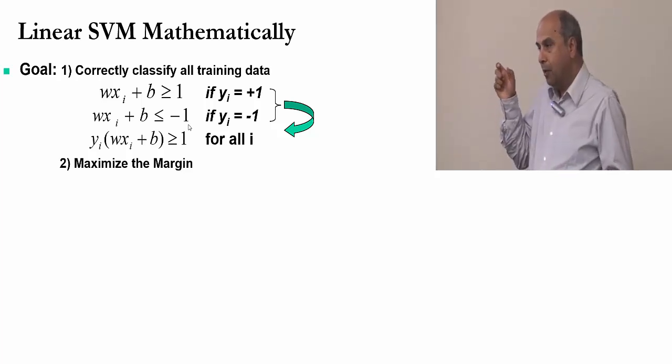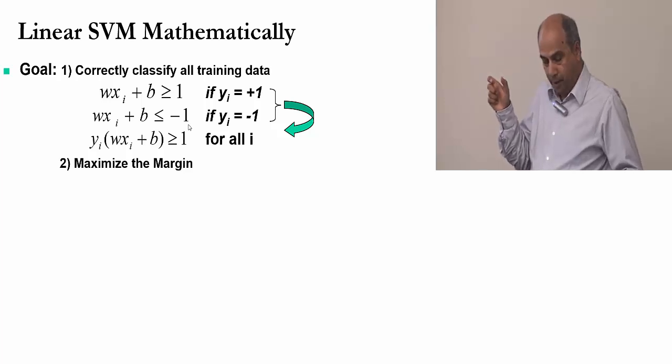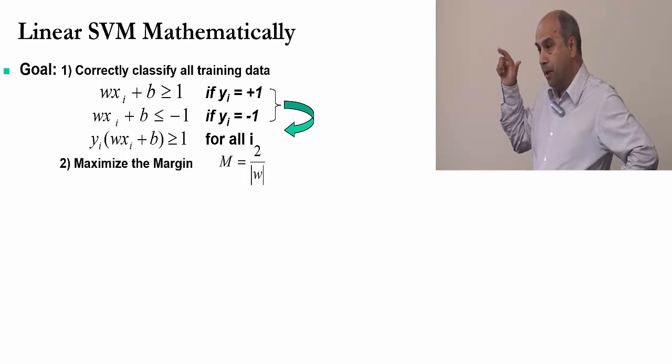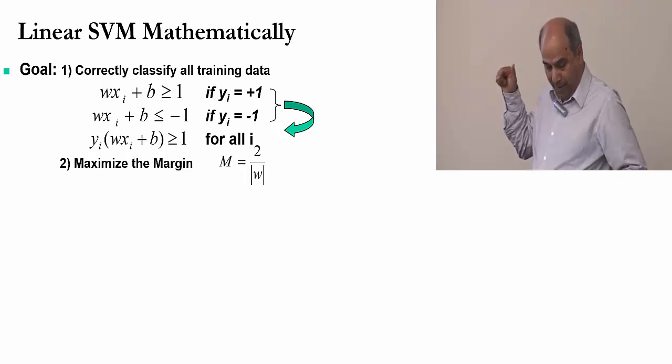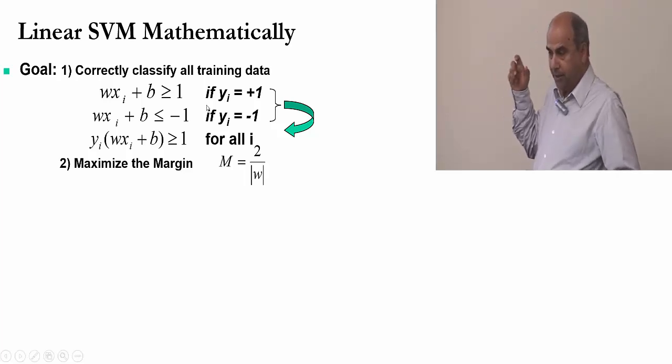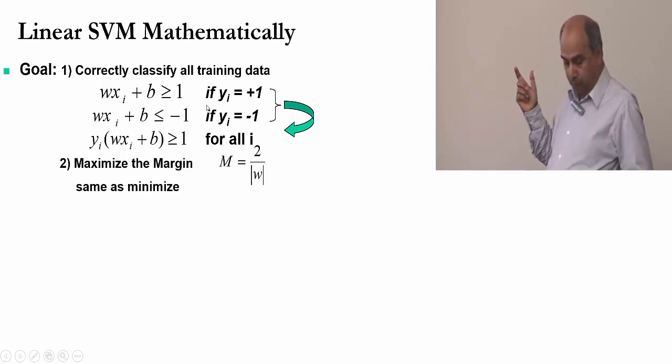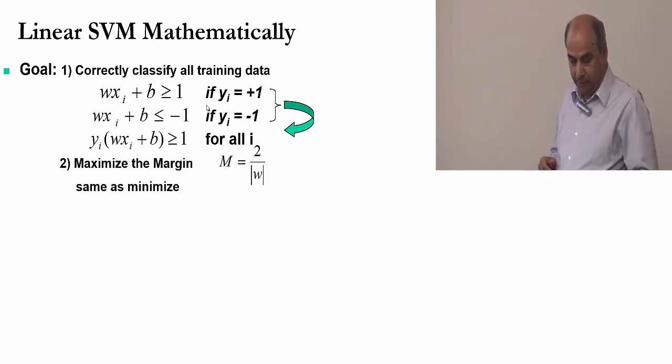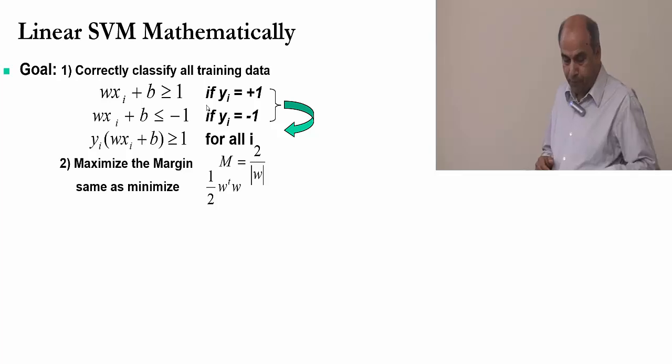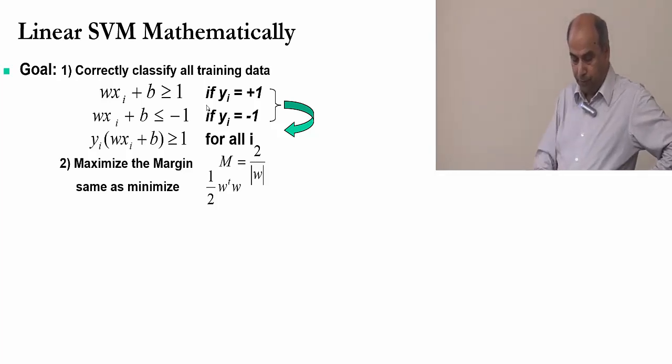At the same time, we want a bigger margin. So we want to maximize the margin, which means we want to maximize 2 upon ||w||. Instead of maximizing 2 upon ||w||, we are going to minimize ||w|| squared upon 2, which is this one. This is the magnitude, a dot product of these two vectors.